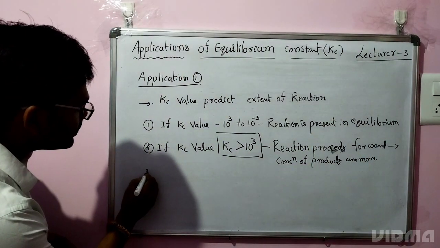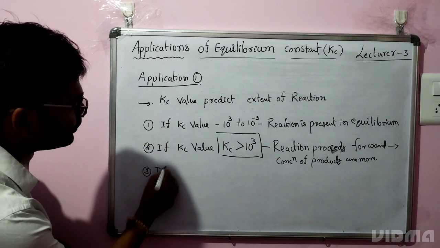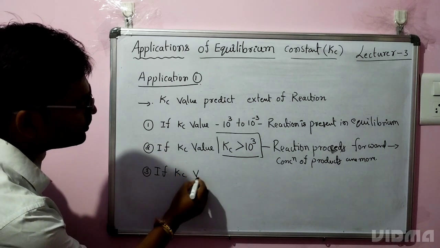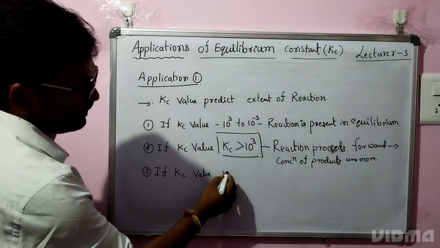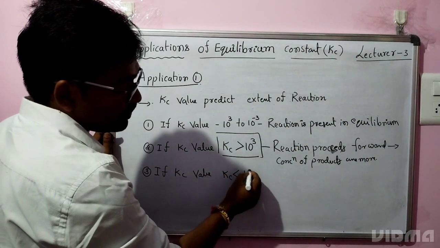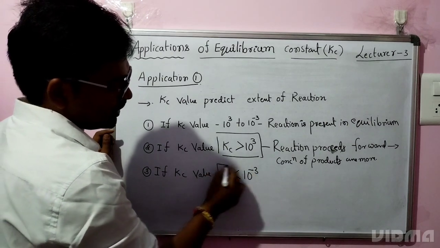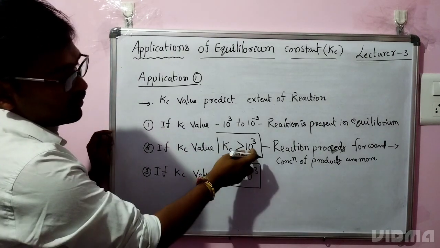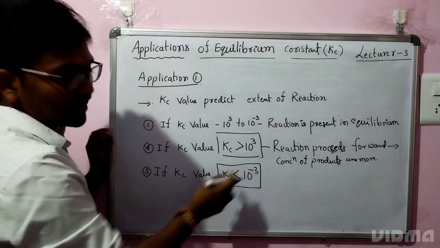Then third one, if the Kc value is less than 10 to the power of minus 3. Look carefully, 10 to the power of plus 3 here, 10 to the power of minus 3 here.